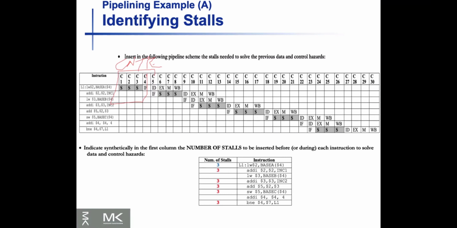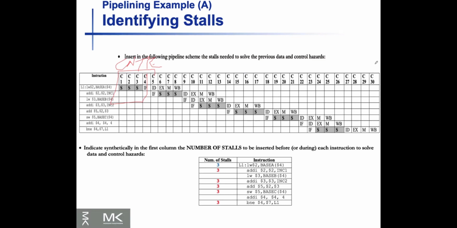But the rest, these 3 stalls were for the read after write issue for $2, because now I have to halt this instruction at ID, 3 more bubbles, so that the ID of this instruction will occur after write back of the previous one, okay? Just like this for W3, just like this for W5, and then the store of W5, and this is the increment of that I, okay?